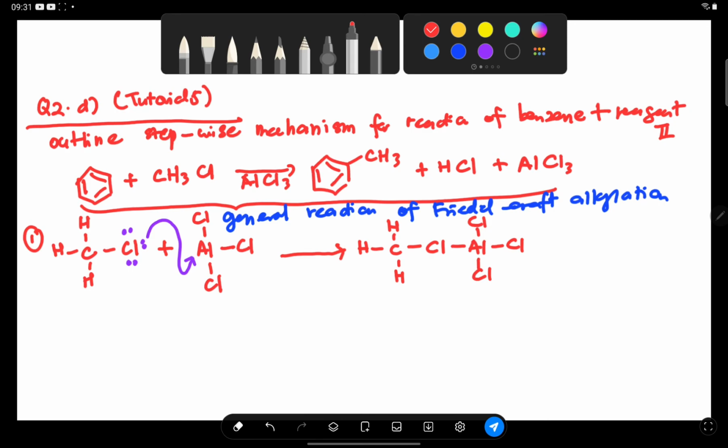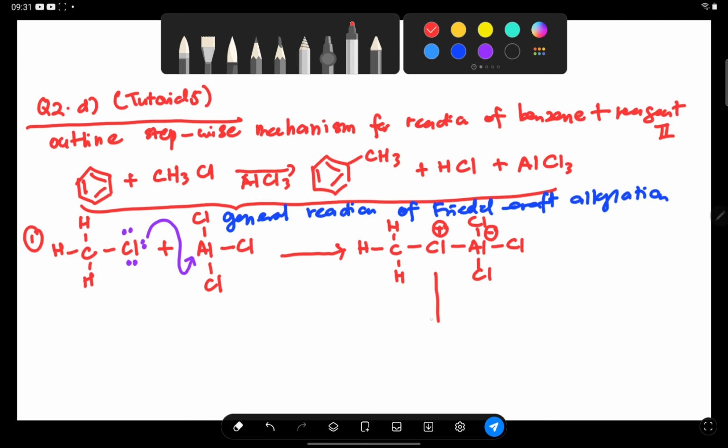When this aluminium accepts the electron, it will be more negative. When this chlorine donates an electron, it will be positive because it lost its electron.